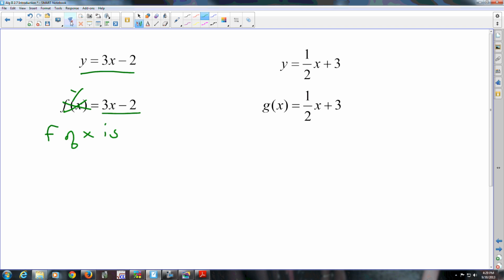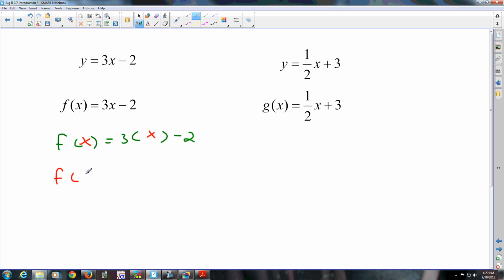What the f of x does is it does record keeping. If I write this without the x, it gives me a recipe for whatever I fill in here. This is what I'm supposed to do with it. So if I wanted f of 2, whatever I put here, I'm supposed to put there. 3 times 2 minus 2, f of 2 is 6 minus 2, which is 4.